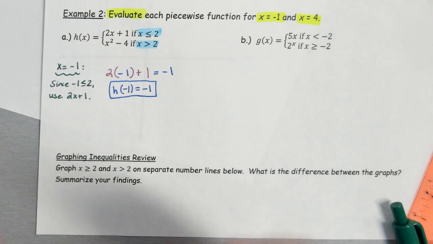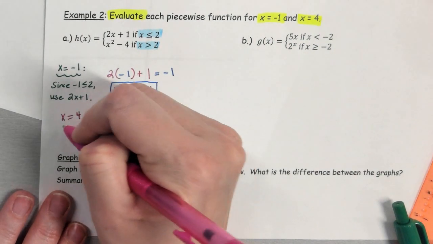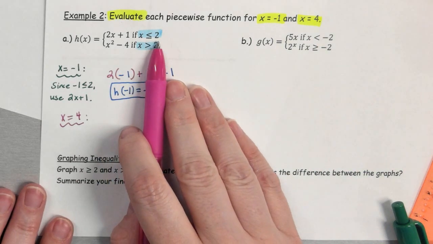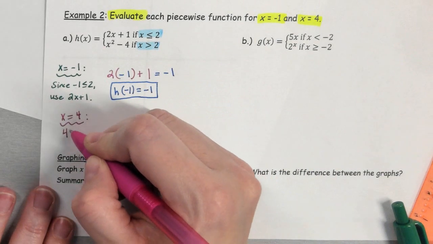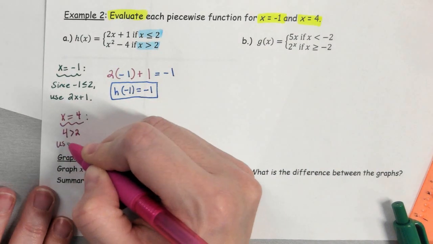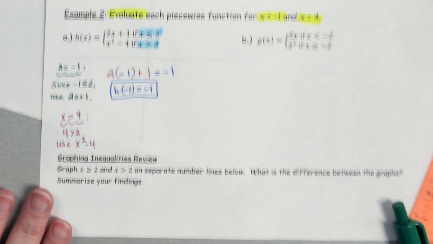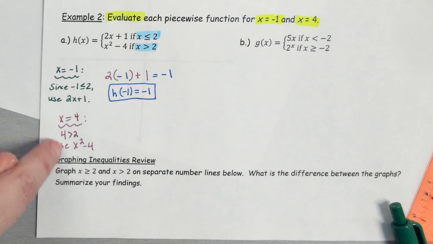All right, now I'm going to do something similar for x equals 4. Again, I just asked myself, is 4 less than or equal to 2? Nope. Is 4 greater than 2? Yep. So because 4 is greater than 2, you're going to use x squared minus 4. All right, so when you're doing your homework, you don't have to write this note out.